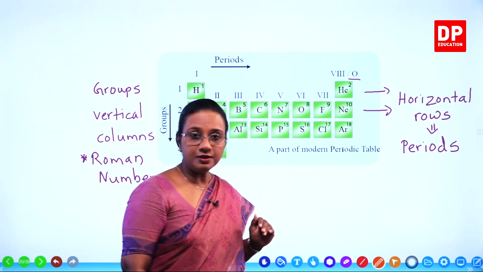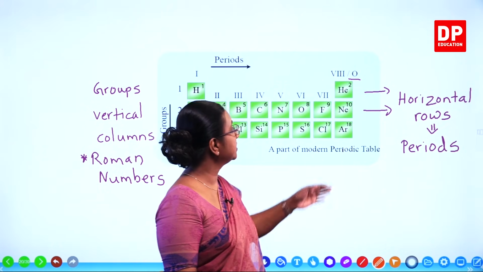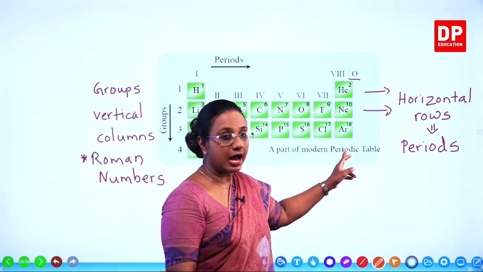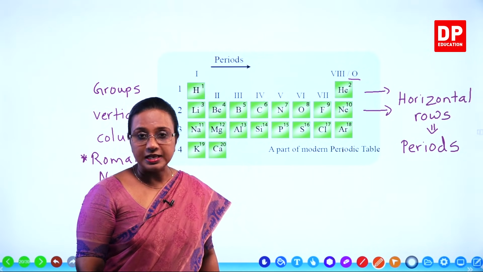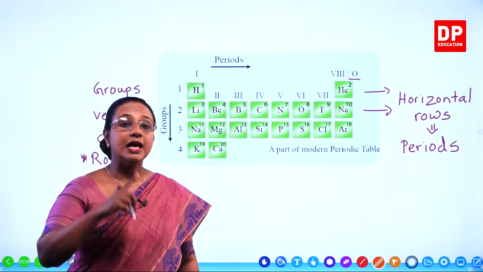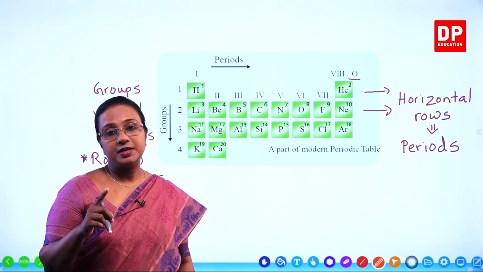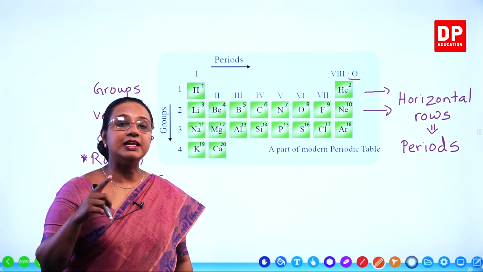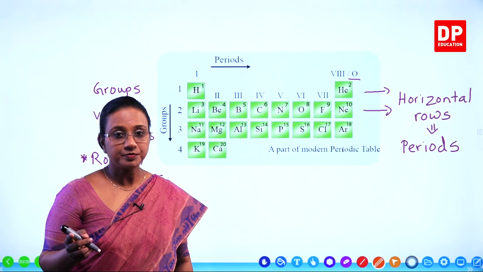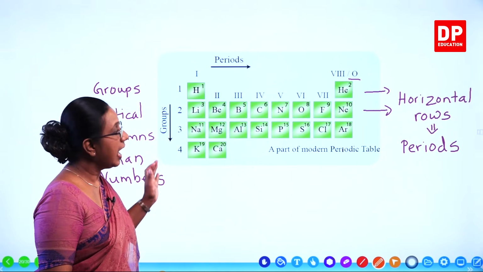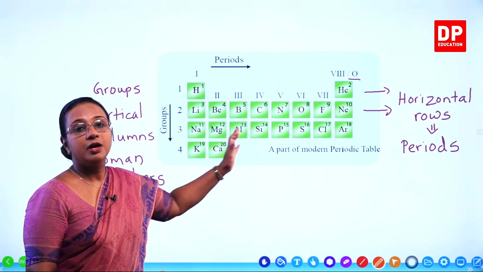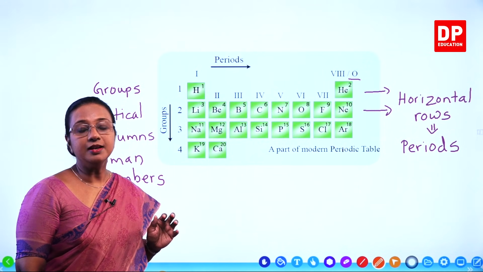Fluorine and chlorine will show similar properties, and group 8 or group 0, helium, neon, argon will have similar properties. So that is what we mean by elements with similar properties recurring at regular intervals, the periodic law. Now we will see how we can arrange these elements into different groups and periods.